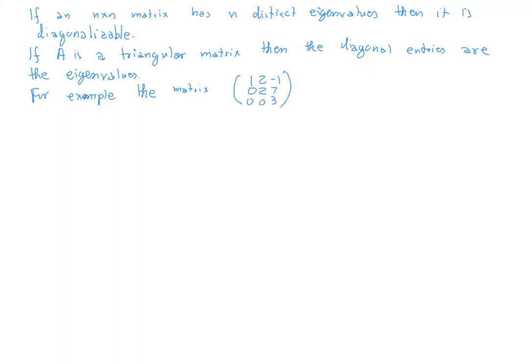This matrix is diagonalizable. Why? I can see what the eigenvalues are. The eigenvalues are the diagonal entries because this matrix is triangular. And they're all different. There are three numbers that are distinct. And for that reason, it is diagonalizable. Okay.